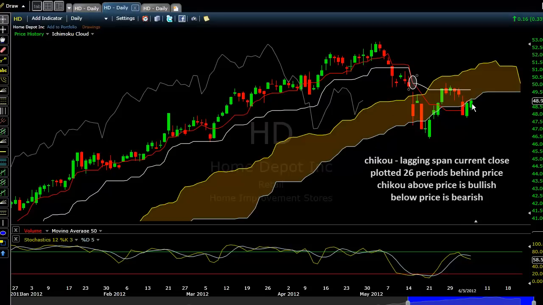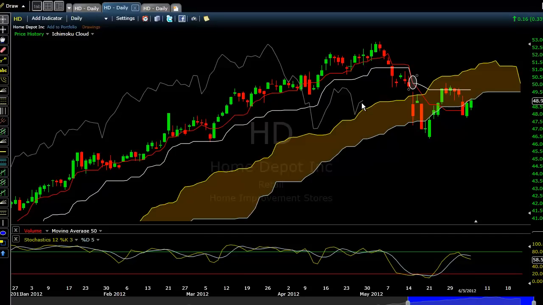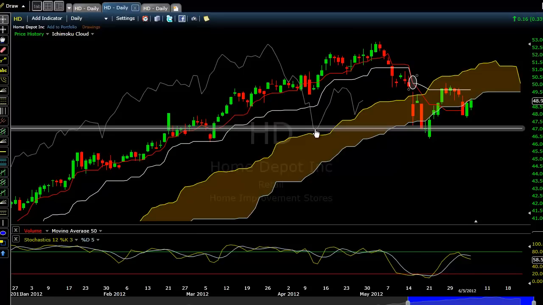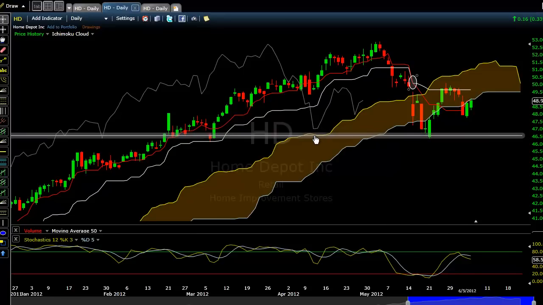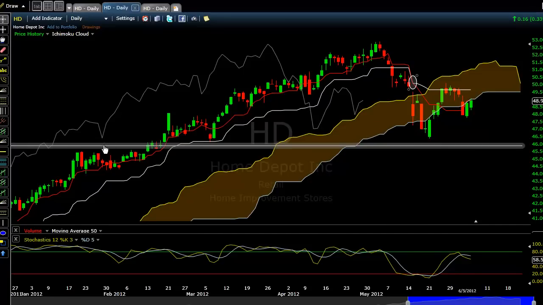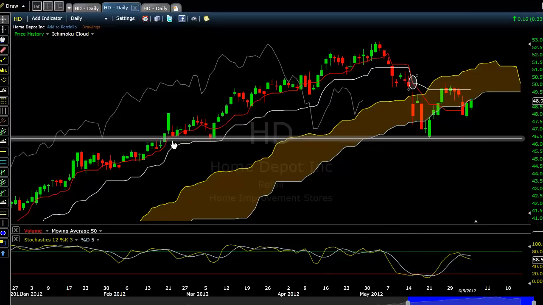So this closing candle here is that particular location of the Chikou, 26 periods behind. And what Chikou is used for is an area of support and resistance, likely bounce areas. So if you look back in the past, remember this is the closing price, 26 periods back.